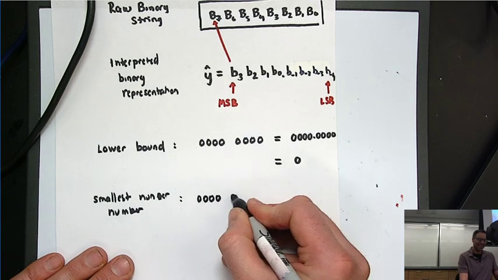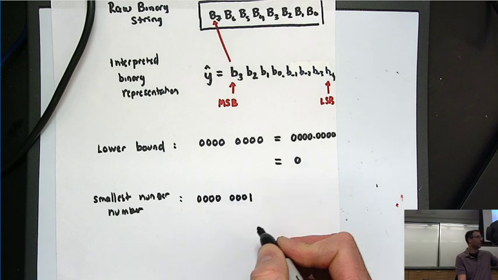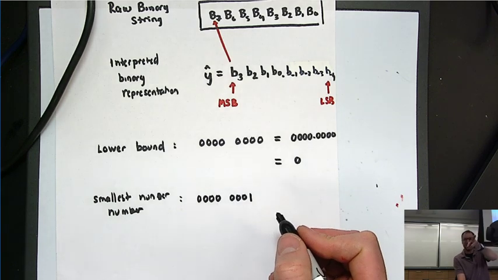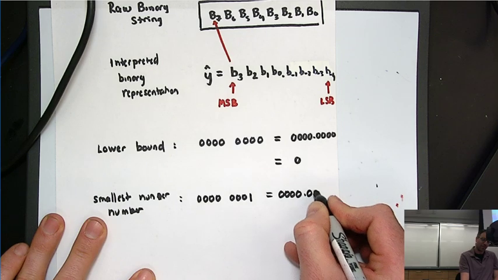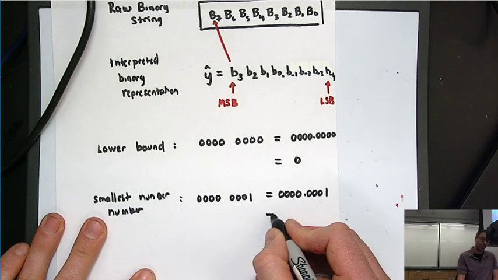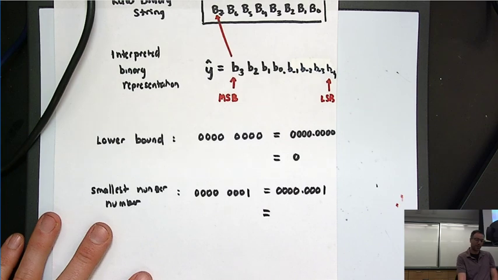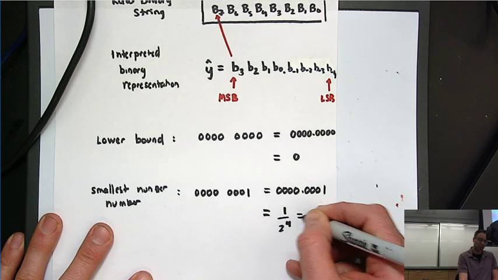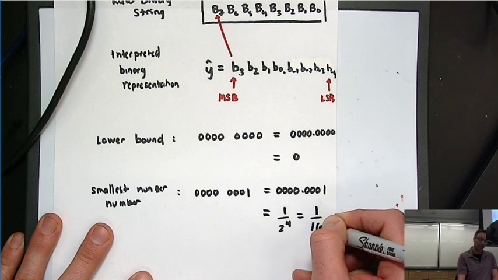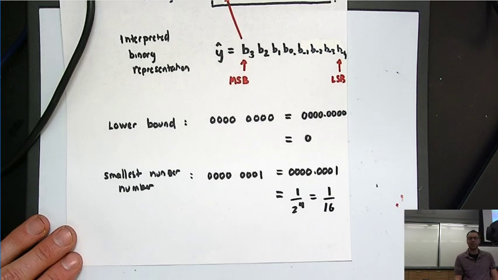Say it again. 1 in the least significant bit. Which is what? 1 over 2 to the 4th, which is 1 over 16.